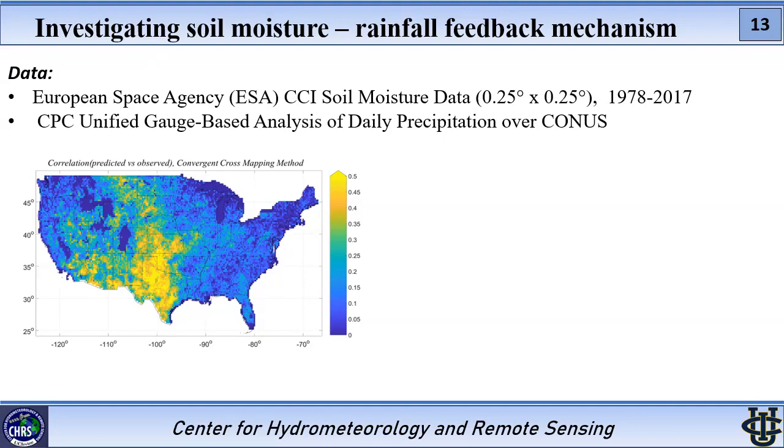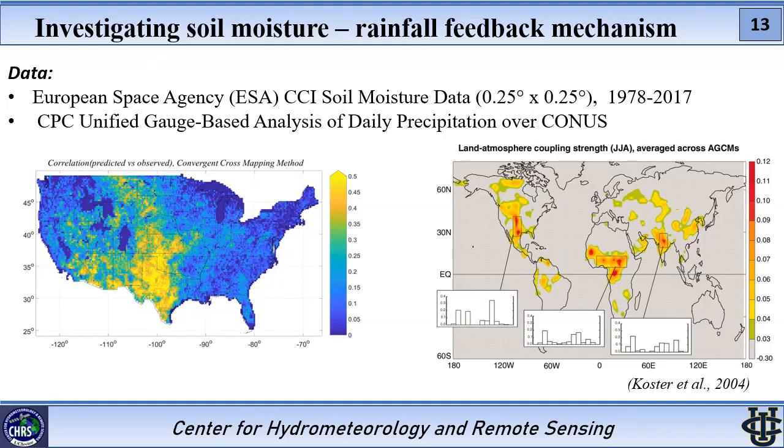All the yellowish areas are regions with a strong causal feedback between soil moisture and rainfall. Now if we compare these results with what is already reported in the literature, this is a work by Randy Koster, where they used an ensemble of land surface models, you can see there is some resemblance in terms of the spatial distribution of these feedbacks. This is just an example of some of the applications that we have been using causal inference on.